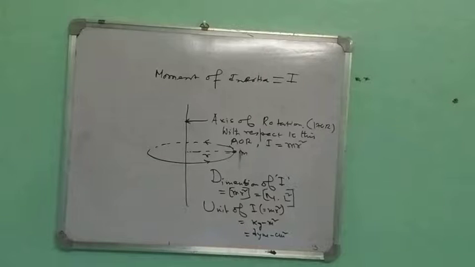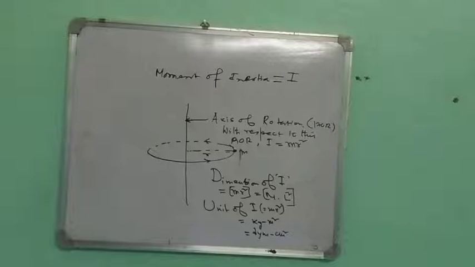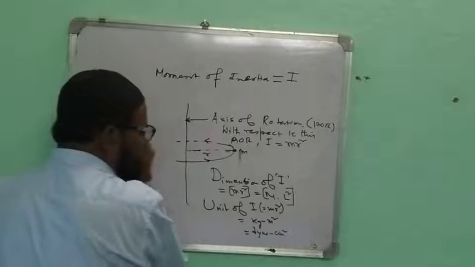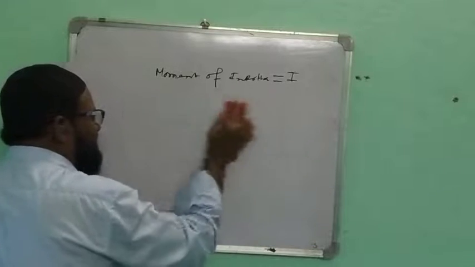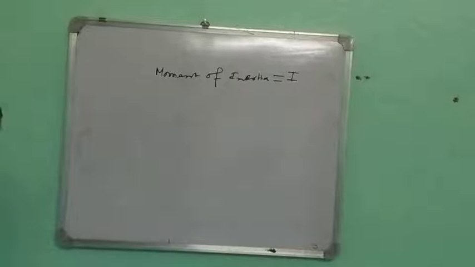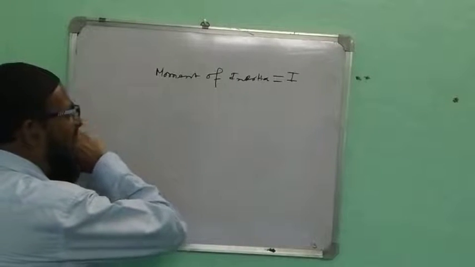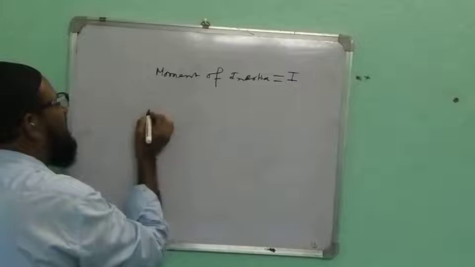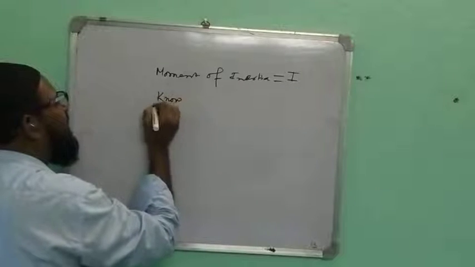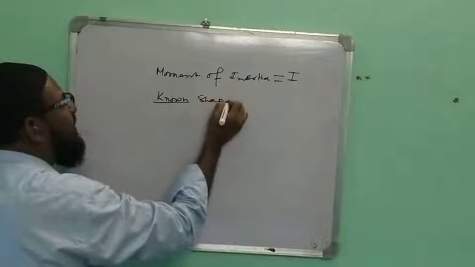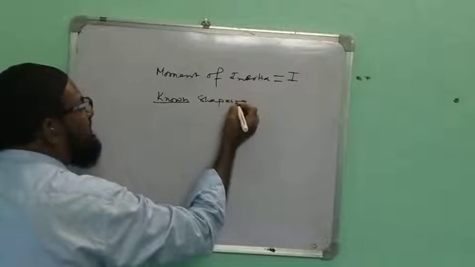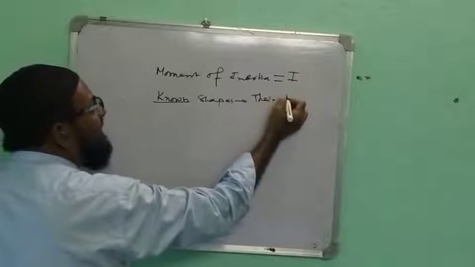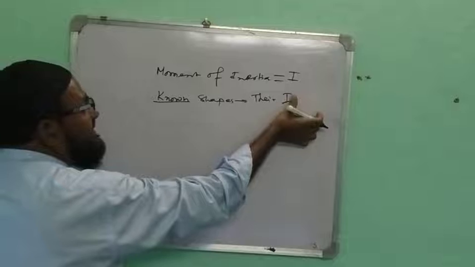Next. Okay? Next. Now, first thing, in this case, known shapes and their I. I means moment of inertia.